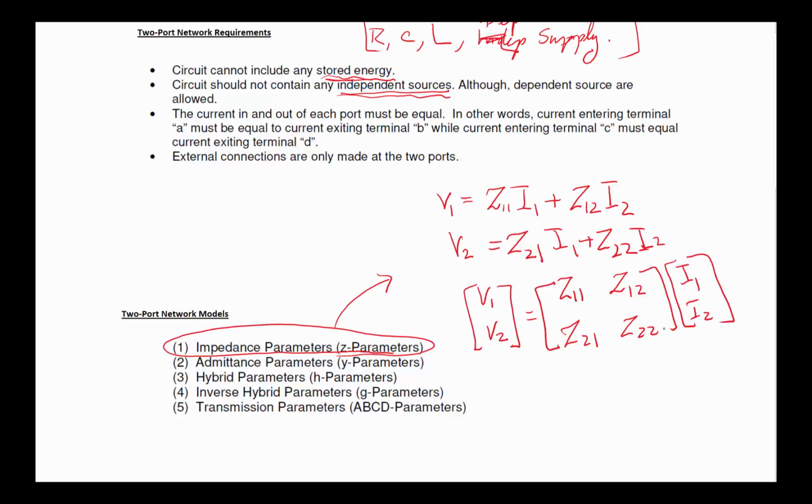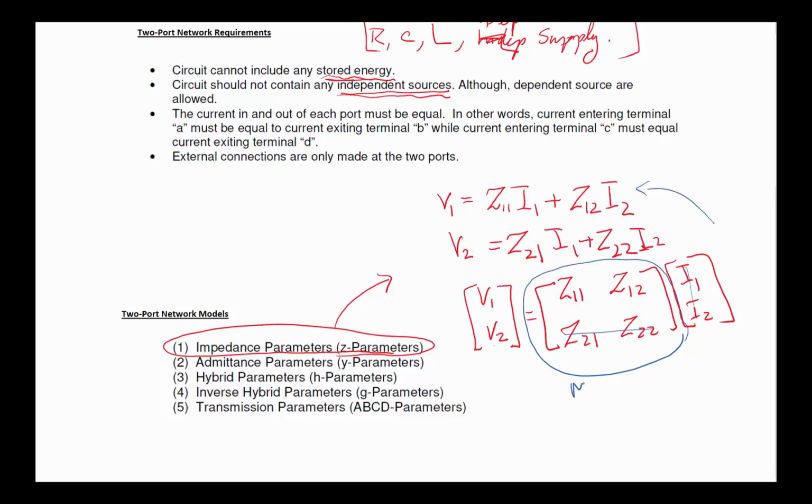Typically, when you get a device, or if you want to characterize a device, you basically only need to provide this matrix. Since it's a Z parameter, we know that it relates the current to the voltage. Because we know how the multiplication of matrices goes, V1 is equal to Z11 times I1 plus Z12 times I2, which gives us the first equation, and V2 is equal to Z21 times I1 plus Z22 times I2, which gives us the second one.